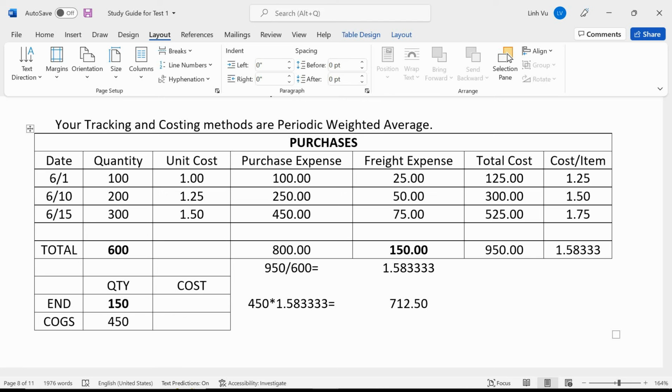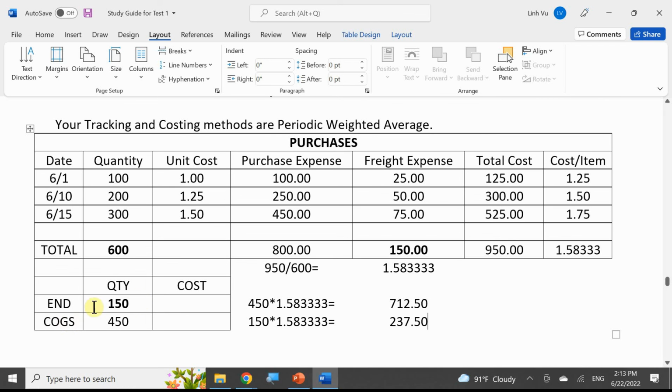And if I were to solve for my ending inventory as well, right, what should be my number here? I subtracted, so I have 237.50. Good, right? So 712.50 and this one is 237.50.